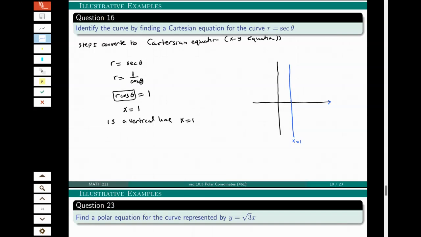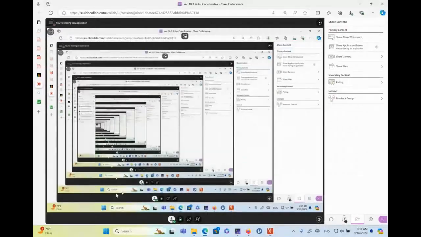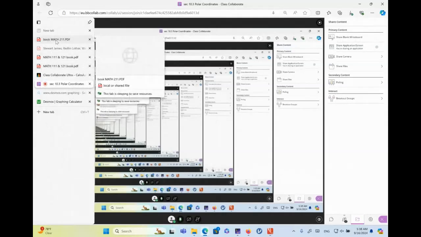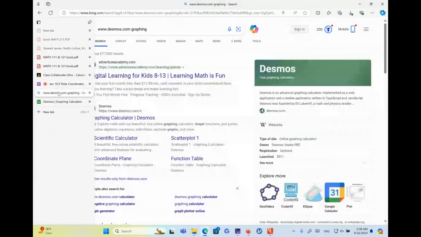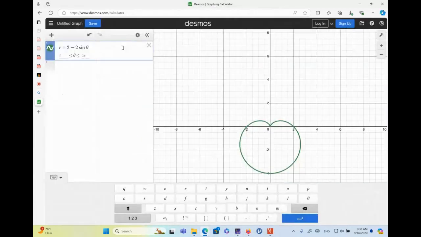I will use the software which I showed you, or sorry, the website which I showed you, which is Desmos. Do they really coincide? If I go to Desmos, here is Desmos.